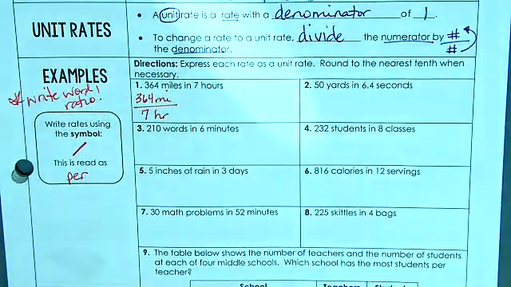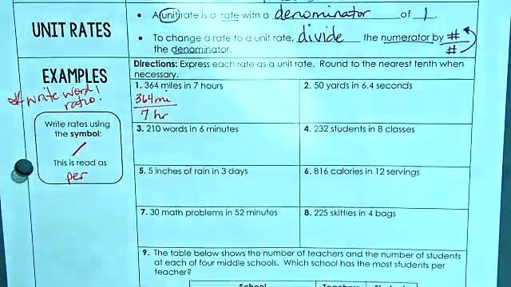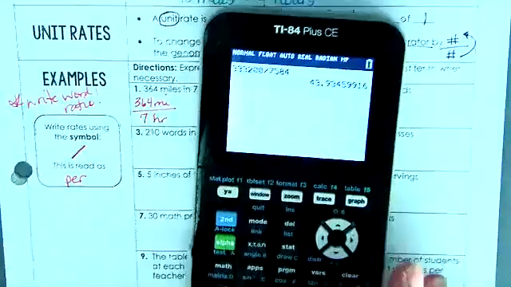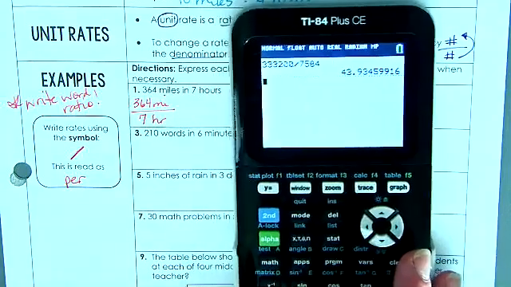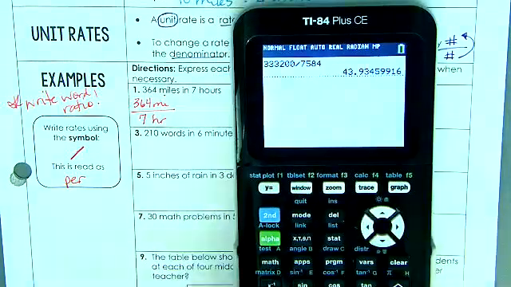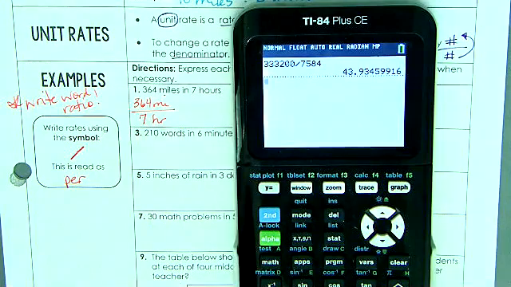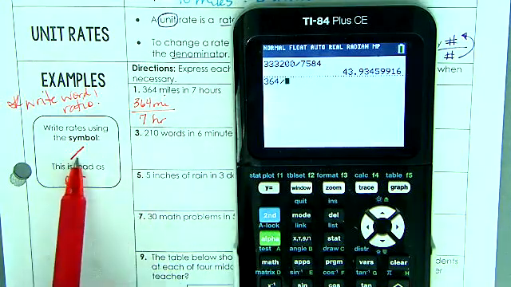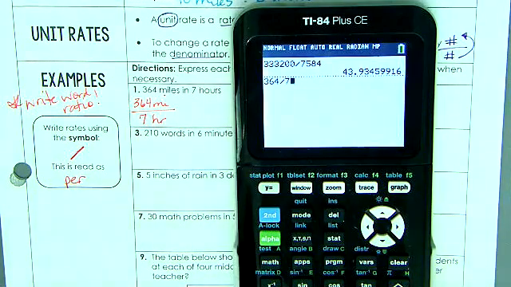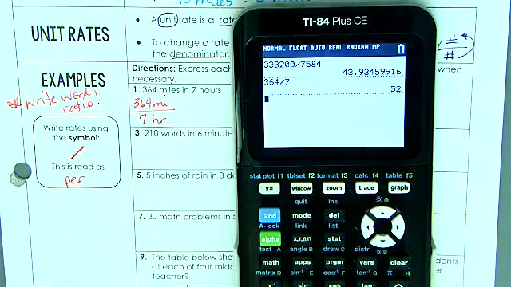Now, we get to use a calculator, so we've written it before you type it. You always write it before you type it. So now in the calculator, okay, good, you can see the screen. You type it in exactly like you see it. So it's going to be 364 divided by, there's the backslash symbol, 7, enter. And it gives you a whole number. Sometimes it's going to give you a decimal. We're going to be rounding to the tenths or the hundredths, depending upon the directions.